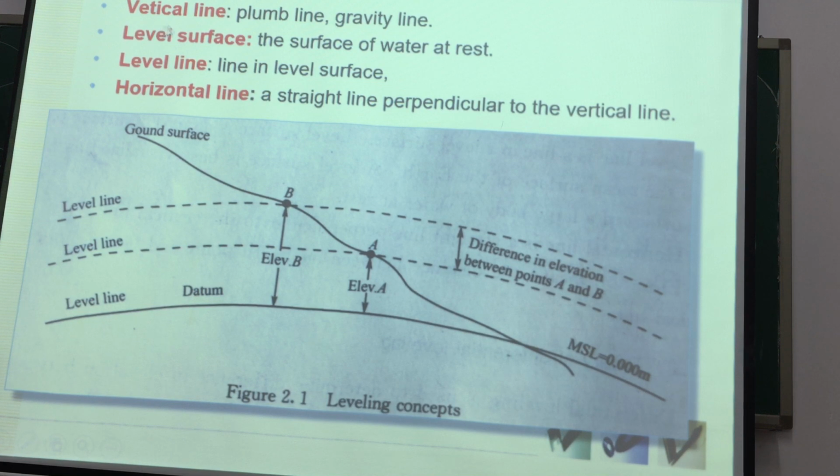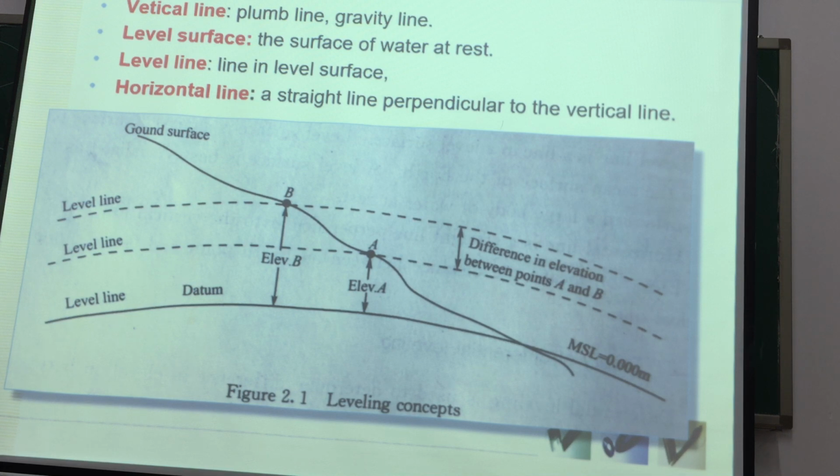Here is the vertical line. The vertical line is the plumb line, the gravity line. Last class we called this the reference line in field work. That means this line is the reference line for the instrument operation in field work.